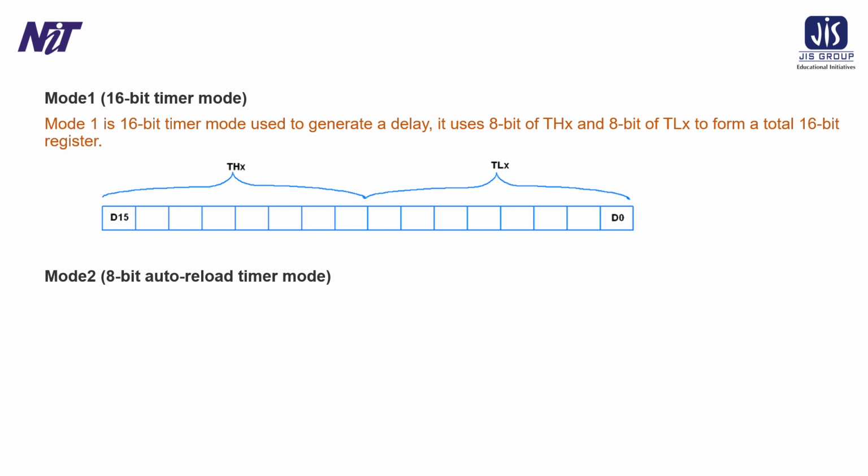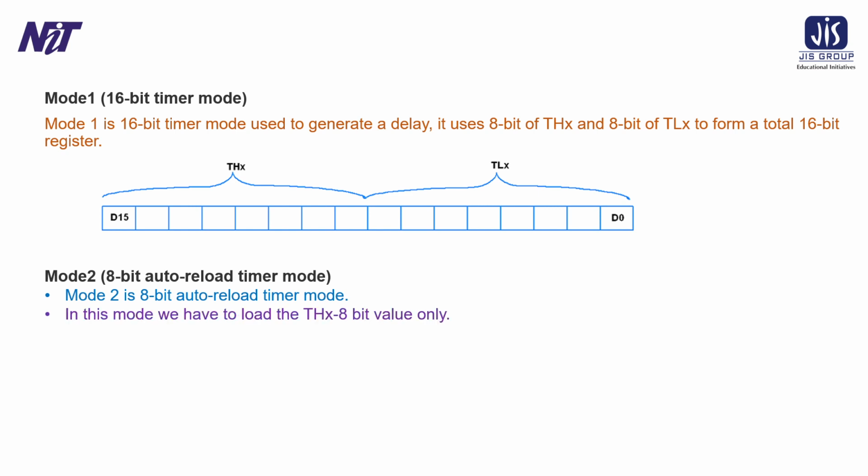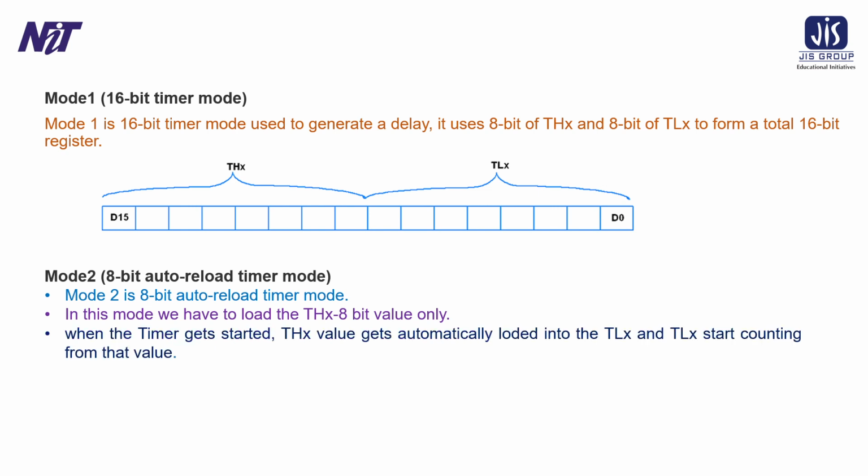Mode 2, 8-bit auto reload timer mode. In this mode, we have to load the THX 8-bit value only. When the timer gets started, THX gets automatically loaded into TLX, and TLX starts counting from that value.